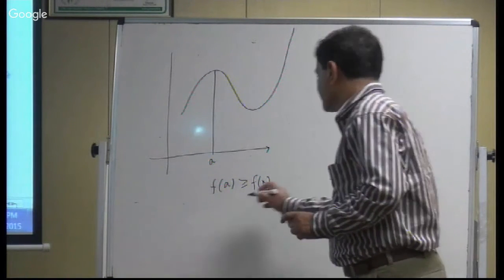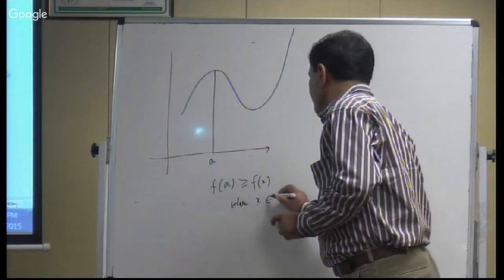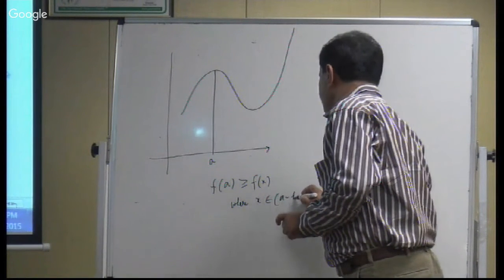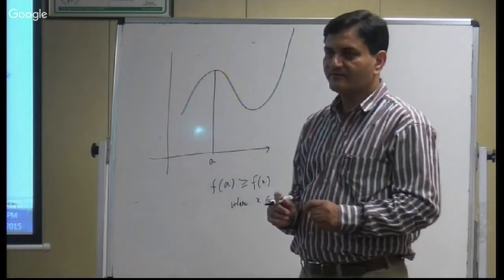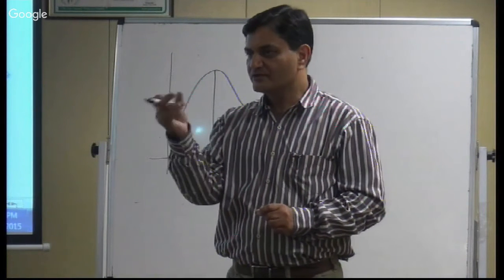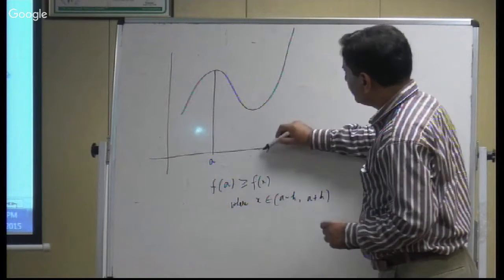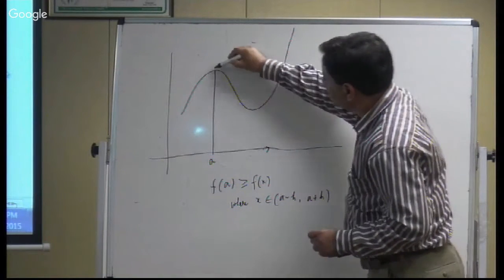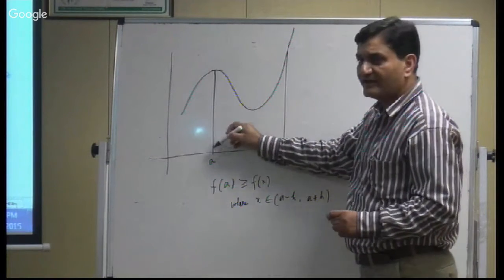So where x belongs to (a minus h, a plus h). Is that clear? So this concept of neighborhood comes. In a small interval, it is making a maximum. See, if you look at this, there are points where the value exceeds this. The value at this point is greater than what we were having at x equal to a.